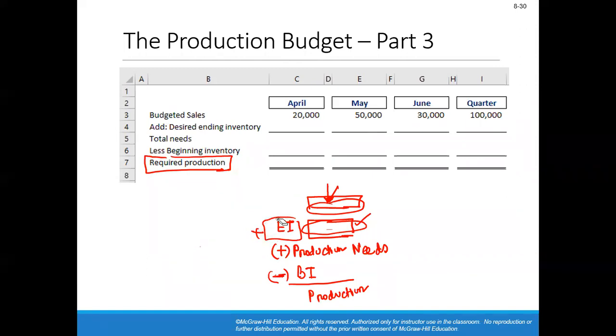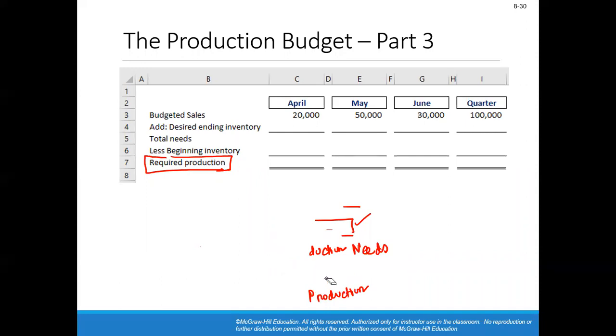What was said regarding the ending inventory? It should be 20% of which month's budgeted sales, the previous month or the following month? It should be 20% of the following month. So let's check. For April, the following month is May.